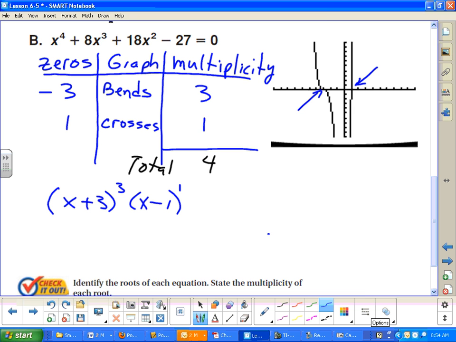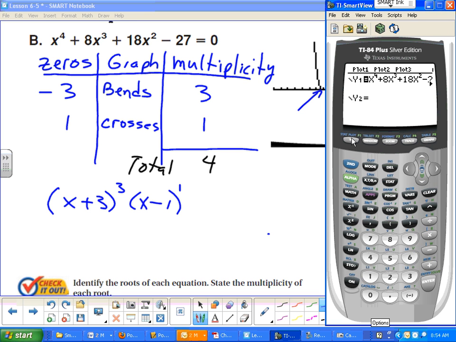Let's verify that that's true. So if I go back to my y equals, and in y2, put x plus 3 to the third times x minus 1. And then I check my table.